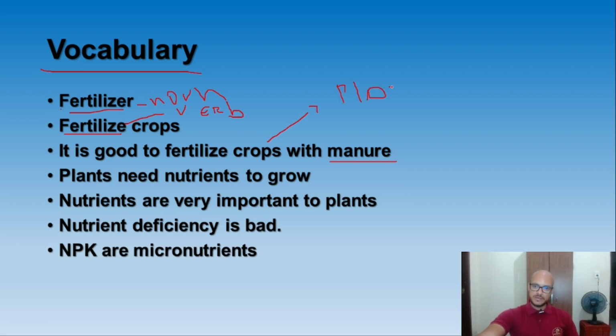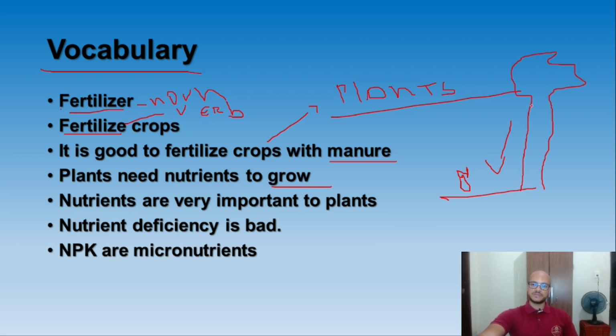Okay, crops here means plants. The plants we call crops. Plants need nutrients to grow. Like a small plant, if you add nutrients, the plant can grow and become good. Nutrients are very important to plants. Okay, we already know that.